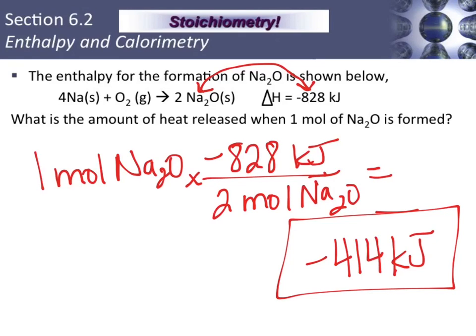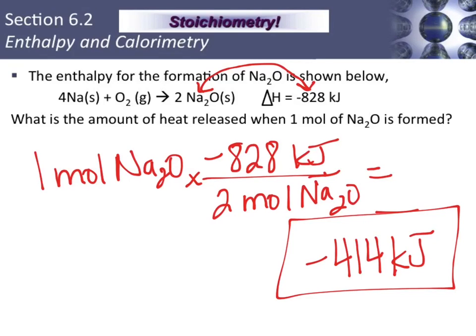Why doesn't it say negative 828 kilojoules per mole? Because it's for 2 moles. That would be for the whole reaction, which is 4 moles of Na and 2 moles of Na2O.